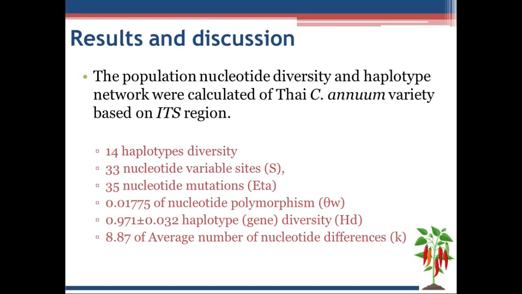The Thai local varieties show a high level of genetic variation, as indicated by the population nucleotide diversity index and haplotype network, with 14 haplotypes in 17 samples, 33 nucleotide variable sites, and 35 nucleotide mutations, and show a high number of nucleotide polymorphisms, haplotype diversity, and average number of nucleotide differences.